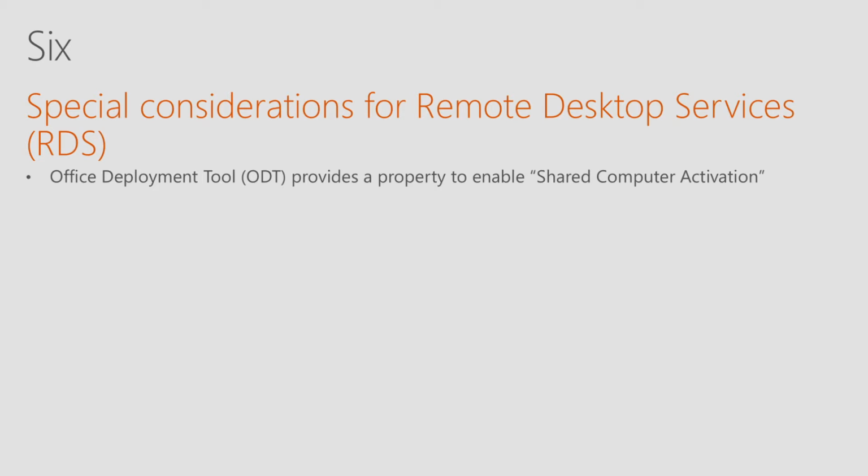So there is a property that you have to enable called shared computer activation, and you do that through the Office deployment tool. Or you can actually even write a registry key that's associated with the shared computer activation, and that RDS server then becomes capable of servicing multiple users at the same time via the activation.